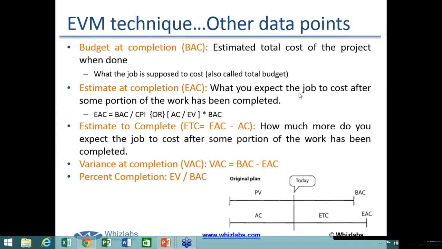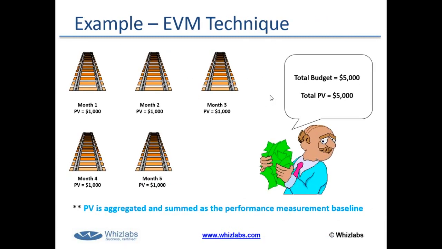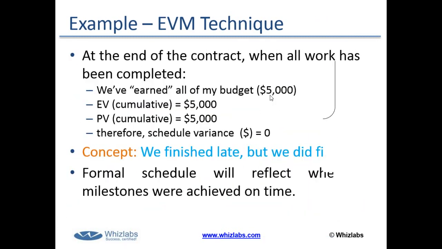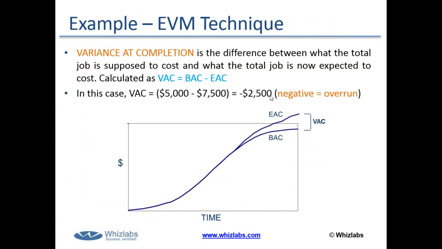Against budget at completion, estimate to complete means how much more do you expect the job to cost after some portion of work has been completed? Means how much more funds are required to complete the balance work. Am I right, Sanjeev, in this case? Absolutely right. Okay.